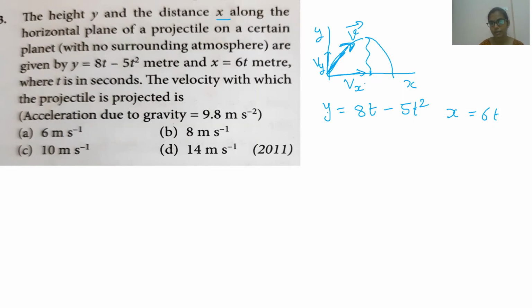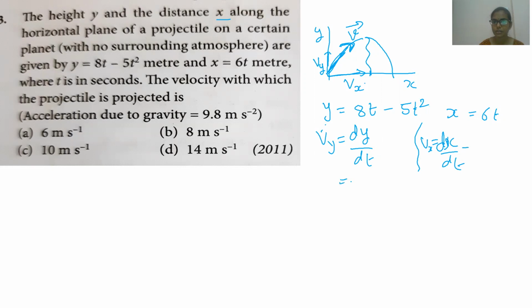Now let us see the given value of y. This is the distance. Suppose you want velocity, what will you do? Differentiate the distance and you will get velocity, right children? Vy is equal to dy by dt. You will get the answer in terms of Vy. Similarly, Vx, the velocity along the x-axis, is given by dx by dt.